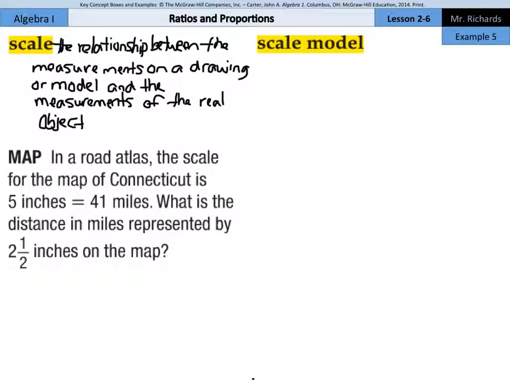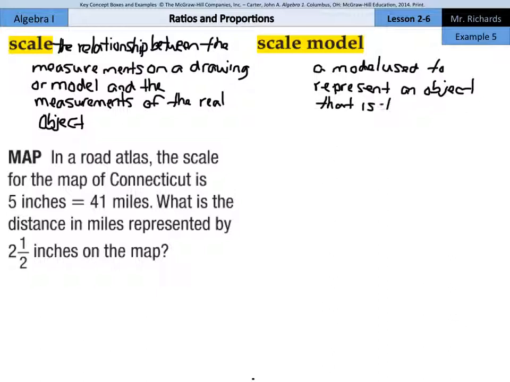As for scale model, this is a model used to represent an object that is too small or too large to be built at actual size.